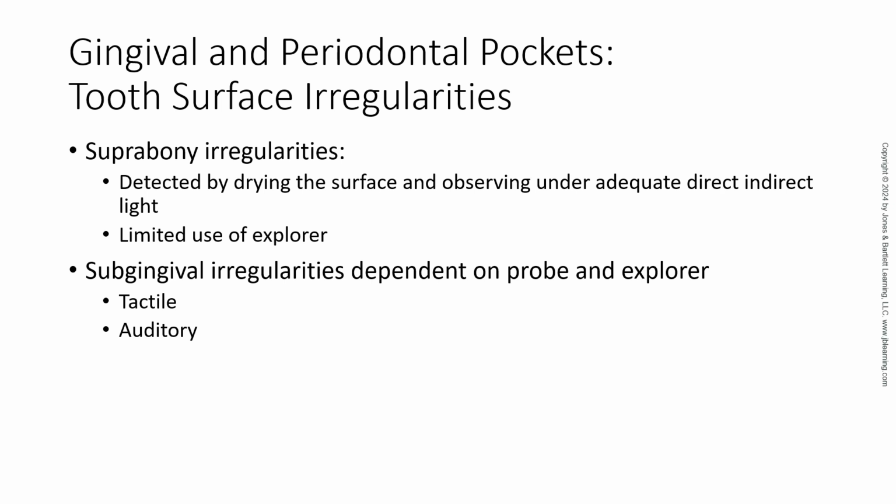Suprabony irregularities in the pockets can be detected by drying the surface and observing it under the light. Detection of subgingival irregularities on the tooth surface will be dependent on tactile and auditory sensitivity that's transmitted from your explorer and probe.